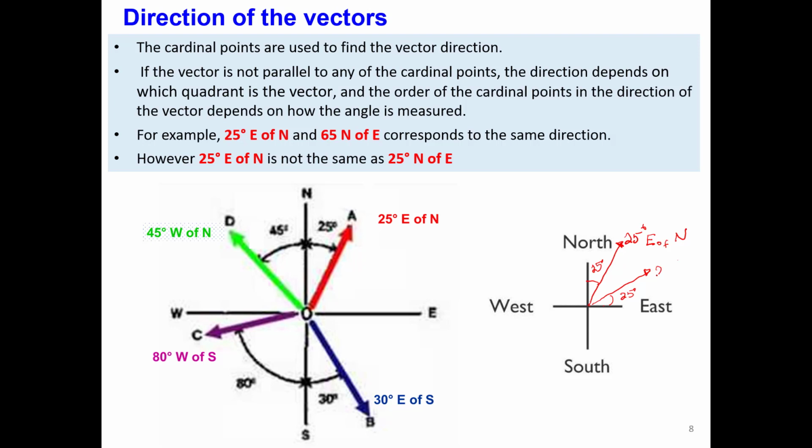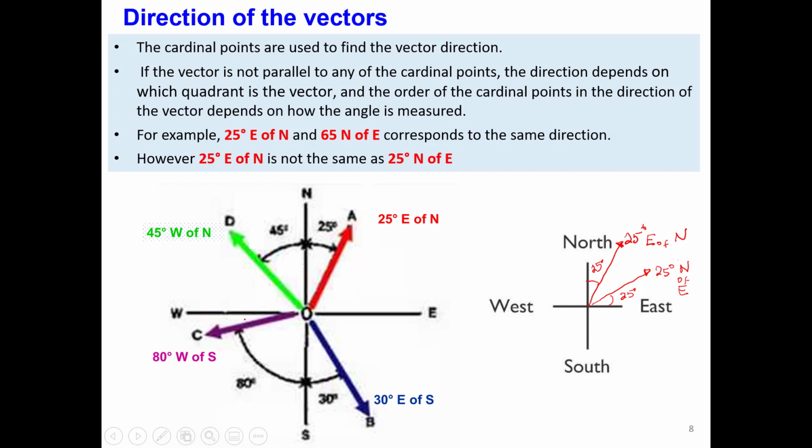This is 25 degrees, and we start measuring from east, because this is the last cardinal point. North of this, let me write like that. Then you can see these two directions do not correspond to the same direction. Here we had two different vectors, but in the first example we had the same vector.